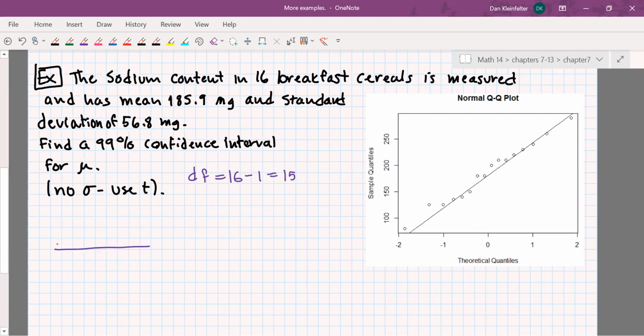So I'll start with a little picture. We want a 99% confidence interval. That means that between the two tails, we'll have 0.01 in the two tails.